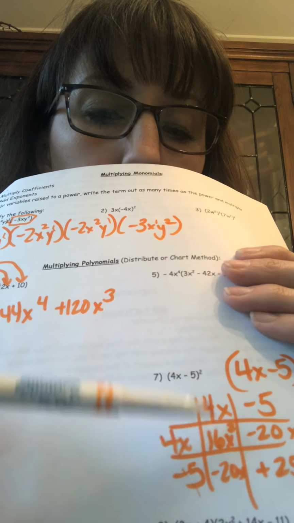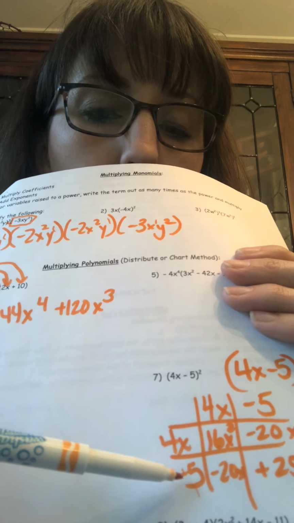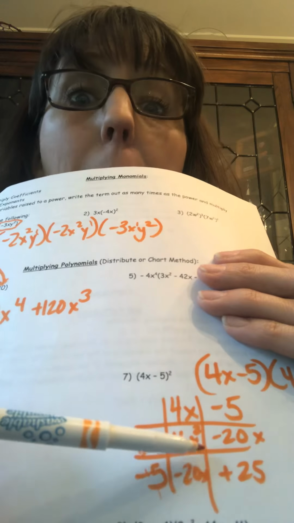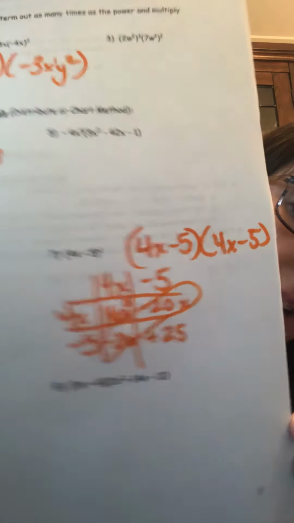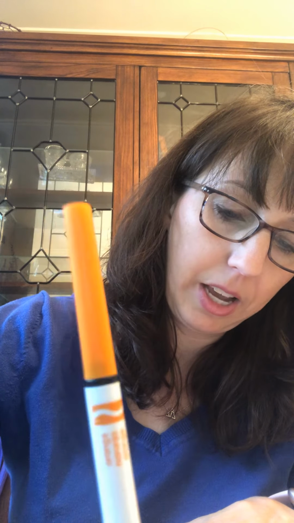My negative 5 and 4x gave me negative 20x. My negative 5 times negative 5 gave me a positive 25. And then I combine like terms, which are my 2 that have like terms. And remember, we would circle them in class. Those are the 2 right there, and rewrite them. So now my answer gives me 16x squared minus 40x plus 25.